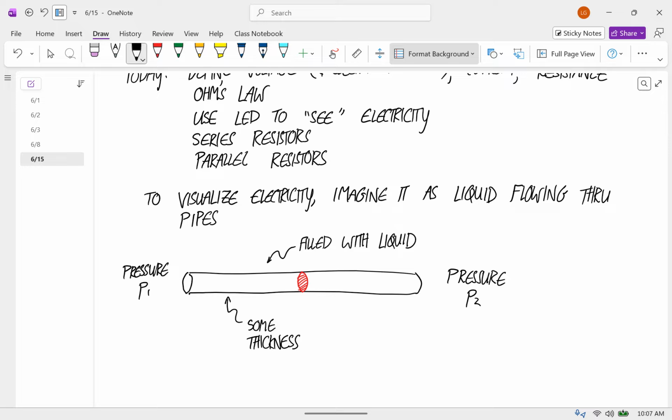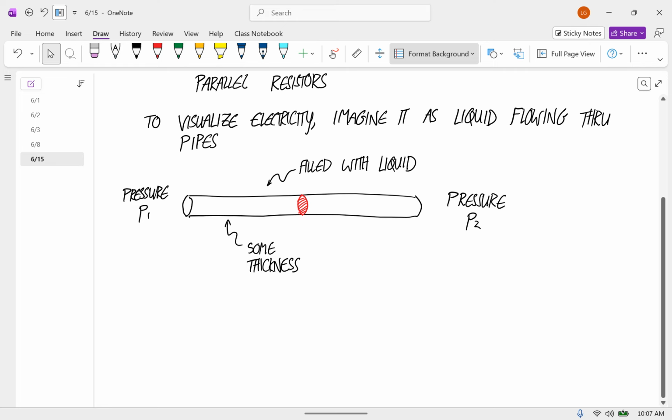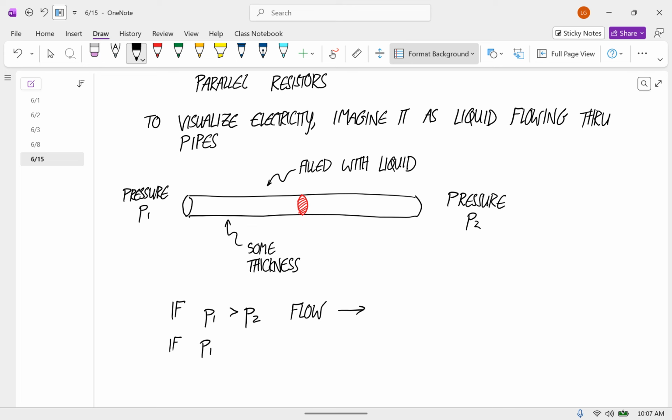But if you're trying to push liquid through a pipe in one direction or the other, the only thing that matters is the difference between these two pressures. So if P1 is greater than P2, then the liquid flows this direction. And if P1 is less than P2, then the flow is the opposite direction.